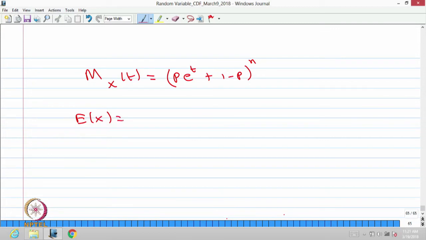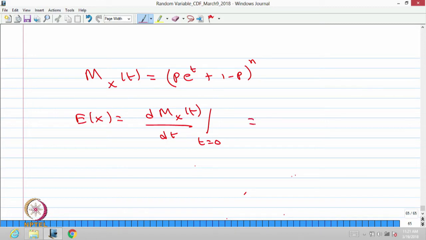In particular, if you want to find the mean of this random variable, you take the derivative of the MGF with respect to t, then substitute t equal to 0, which will give the mean of the binomial distributed random variable.